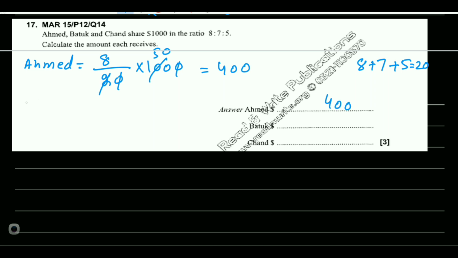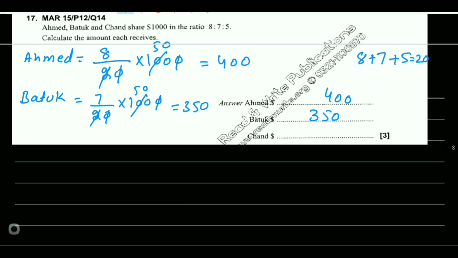With the same method we will find the value for Batak. Batak's ratio is 7 and 20 is the total ratio, multiplied by 1000. 2 5s are 10 and 0, 7 5s are 35. 350 is the share of Batak.